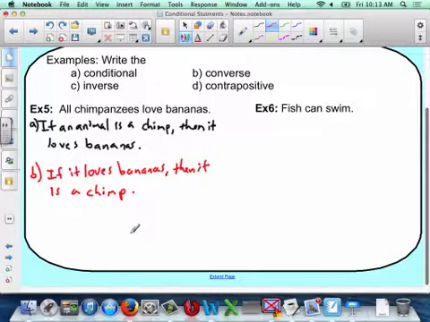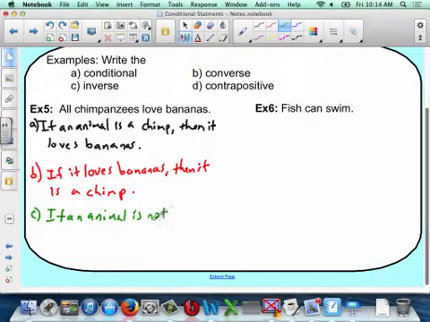How would I write my inverse? Answer. If the animal is not a chimp, then it doesn't love bananas. So if an animal is not a chimp, so there's that negative, right?